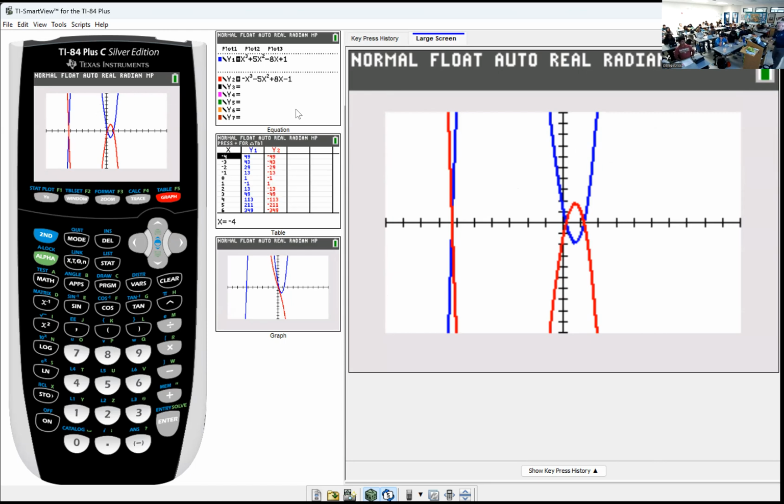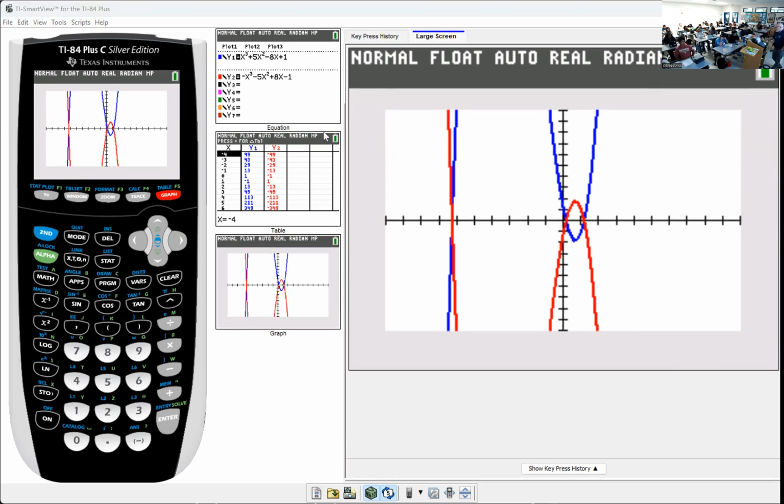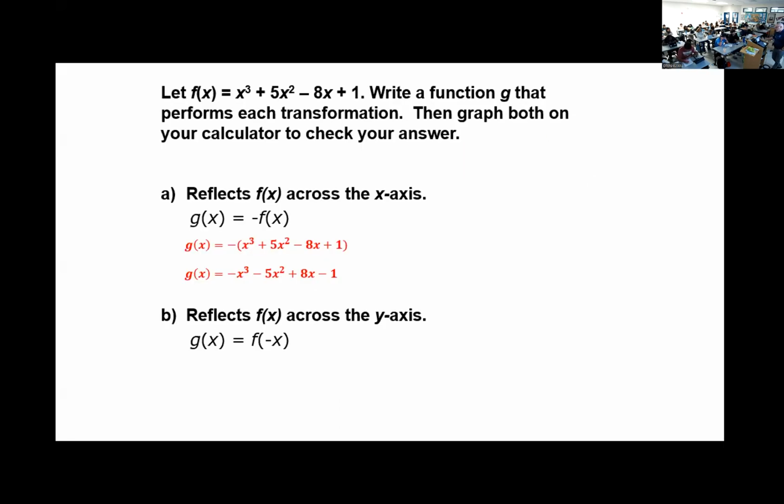Let's take a look at the next example here. What do I have? I've got g of x is equal to f of negative x. So I'm going to negate each x inside the polynomial, and this will flip it across the y-axis.